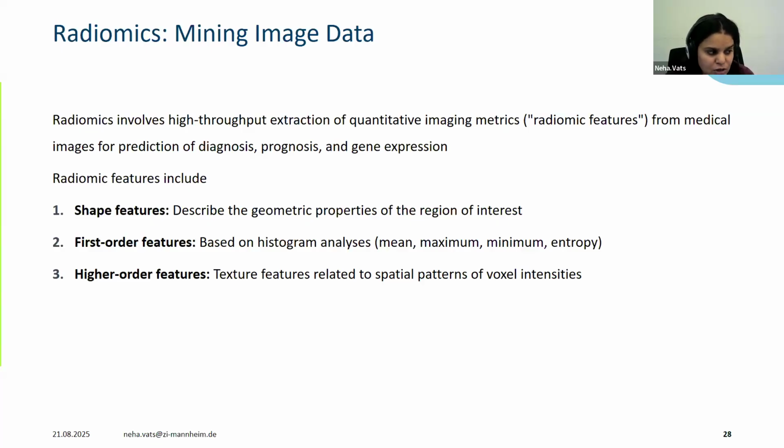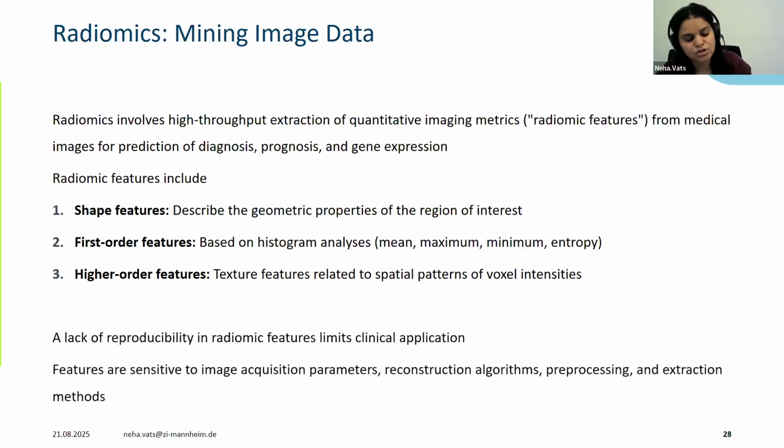Radiomic features may include shape features that describe geometric properties of the region of interest. Then they could be first order features that are based on histogram analysis such as mean, maxima, minima, entropy, etc. High order features are texture features that are related to spatial patterns of the voxel intensities.